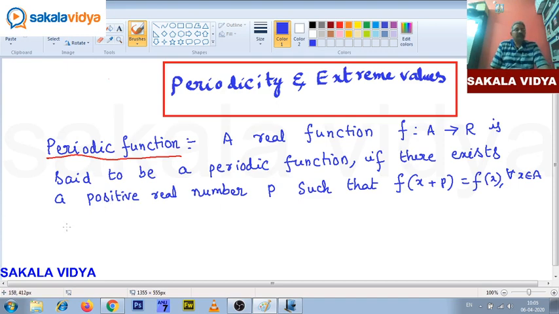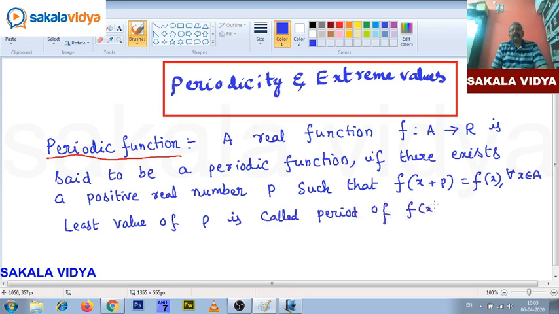Now, the least value of p is called the period of f of x. It's a very important case you can remember.